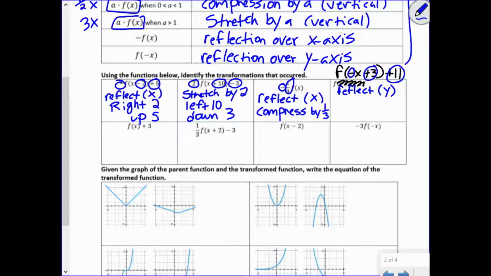Alright, so this is where it gets a little bit weird. When you guys look at this now, when I ask you what the 3 is going to do, what would you say based on the pattern from the previous? You'd say left 3, right? But what's different about this example compared to the other ones on the inside of the parentheses? X is negative.